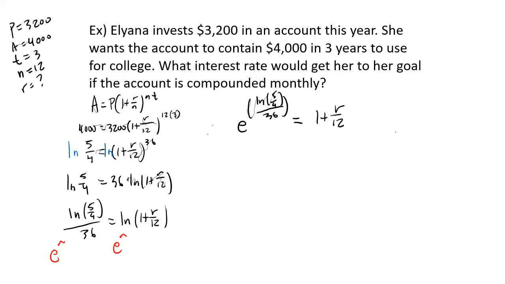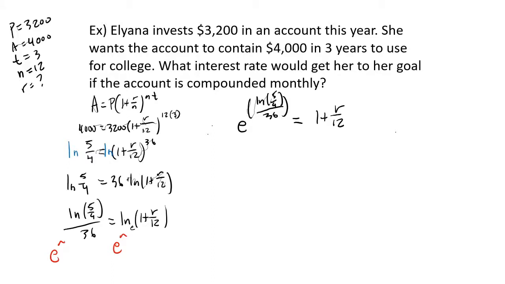Because log base e, what power do we have to raise e to get to 1 plus r over 12? Well, it's just going to be 1 plus r over 12. So if I raise e to that power, I'll get 1 plus r over 12. So that's what we have here.